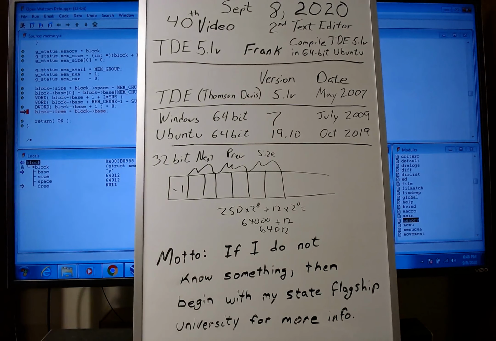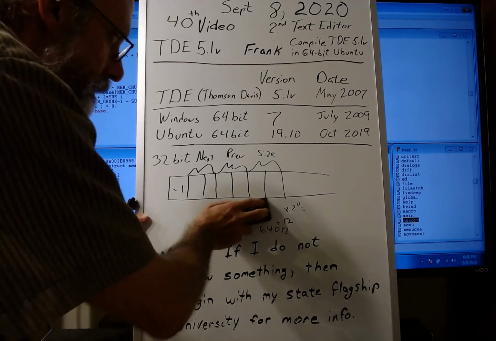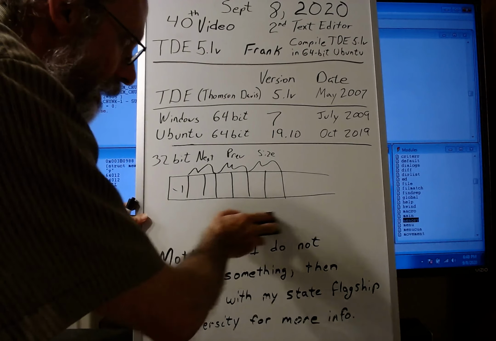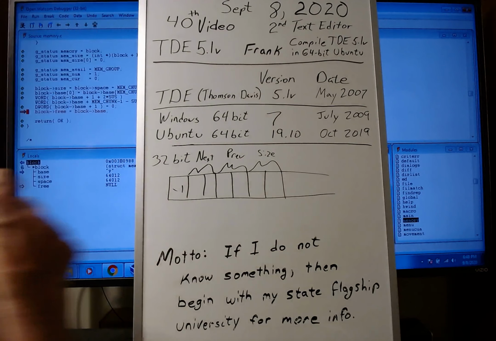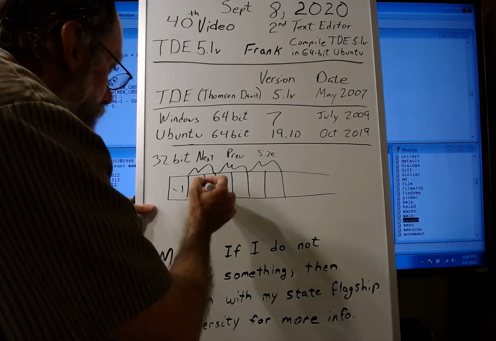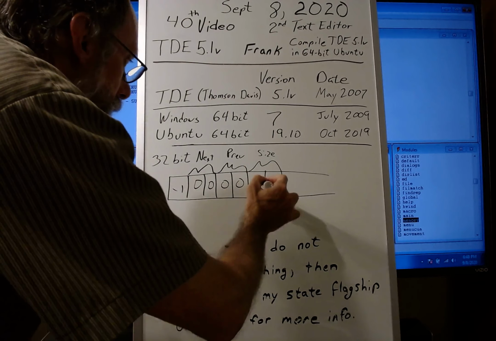That's how he gets the size there. So that's okay. These were zeros, 0, and 12 and 250.